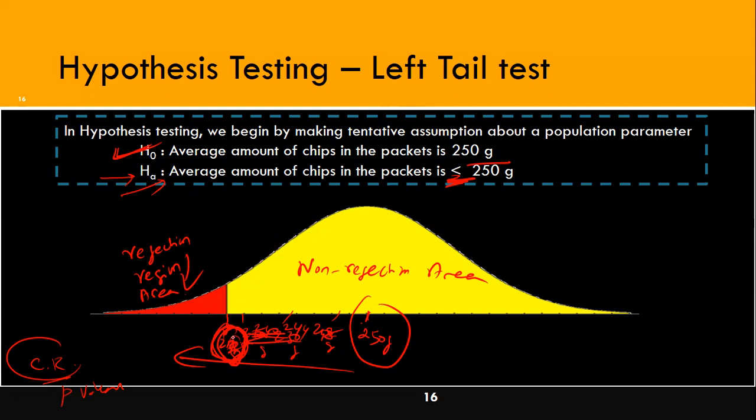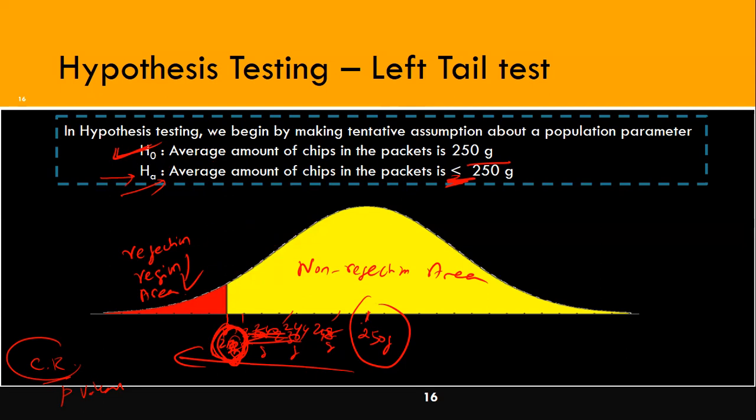But for you people to understand, I'm using some number here, 242 gram. If I have up to 252 gram in each packet, I'm fine with that. But anything less than that, I'm not going to accept it. I'm going to reject the null hypothesis.